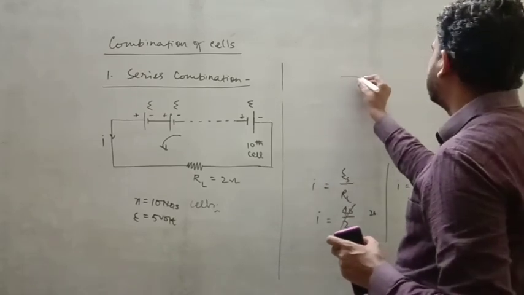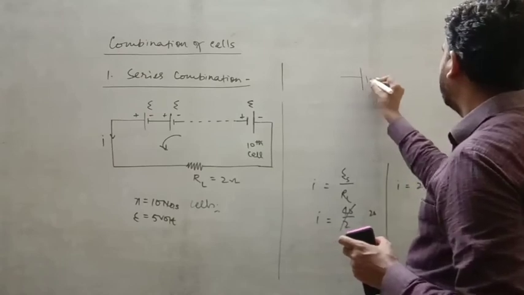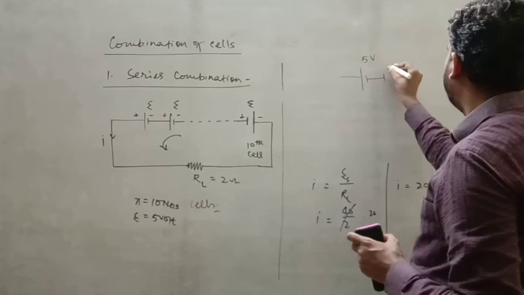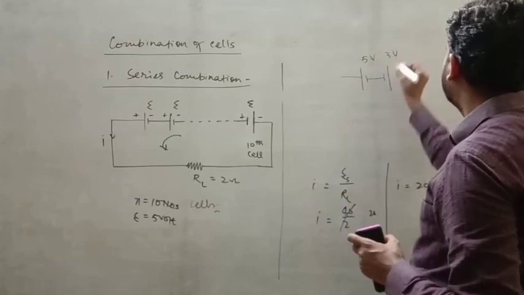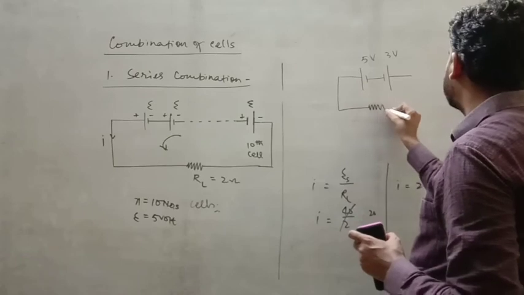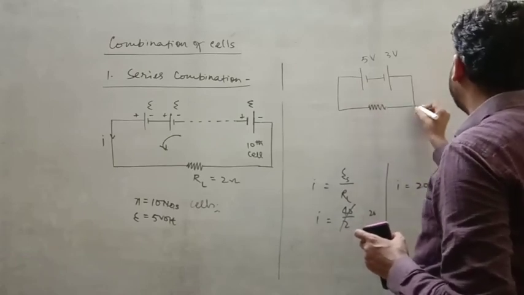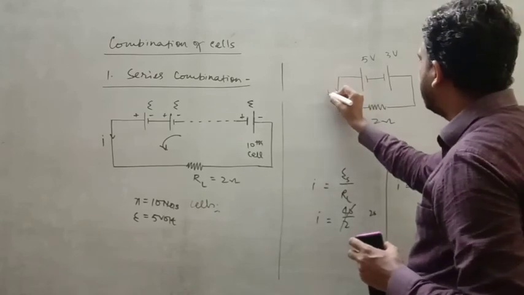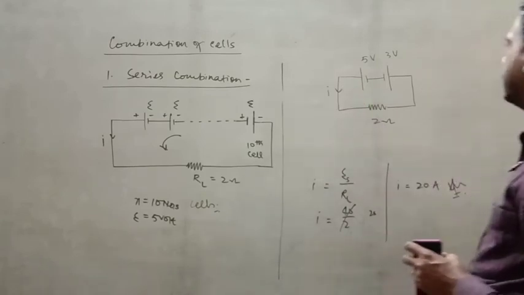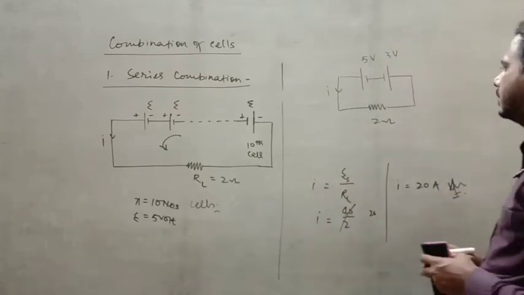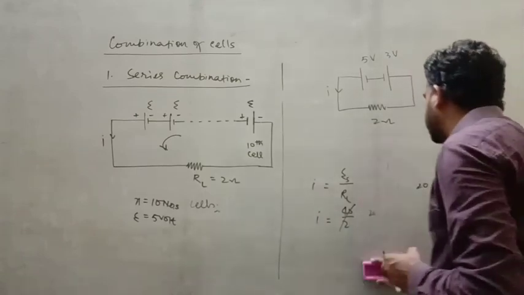Suppose one is 5 volt and the other is 3 volt, connected by a load resistance of 2 ohm. What about its net EMF and the current in the circuit?